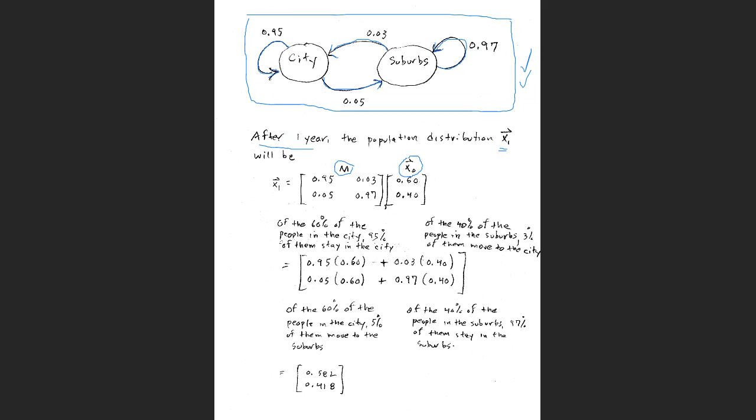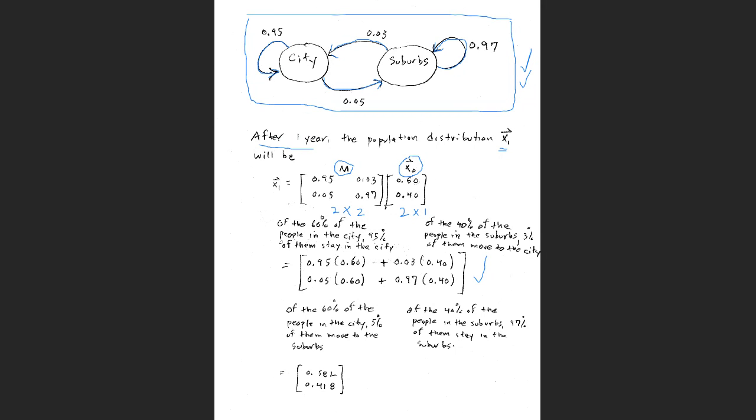So what's going on here? Why does this work? In the matrix product, you have a 2 by 2 times a 2 by 1, so you're going to get a 2 by 1 as the product, and that makes sense because x1 is a vector.